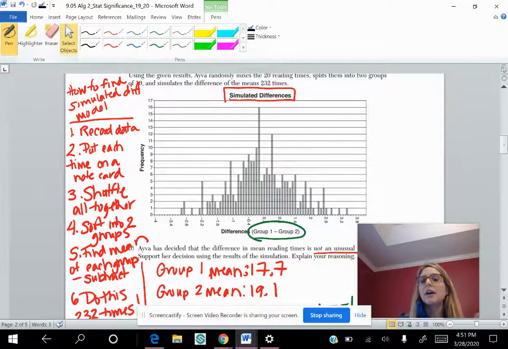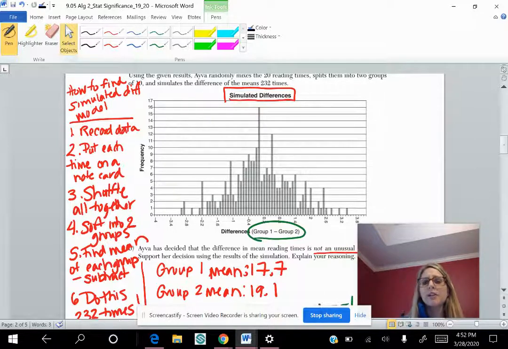That would be not unusual. So if it occurred less than 5% of the time, so it's on the ends of one of the tails, then that tells us that, yeah, it is unusual. That didn't happen very often. So if it didn't happen very often, we'd say it's statistically significant, and that it may have been due to the energy drink. But we can definitely say that it's probably not due to just chance, because it occurred so few times when we made them completely random.